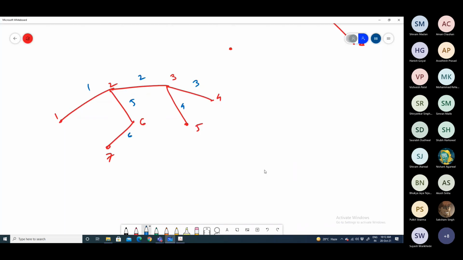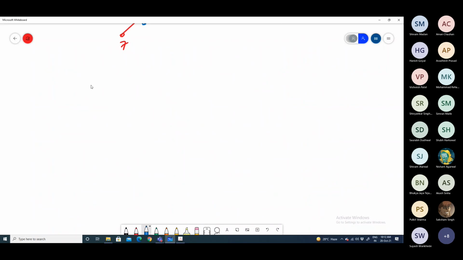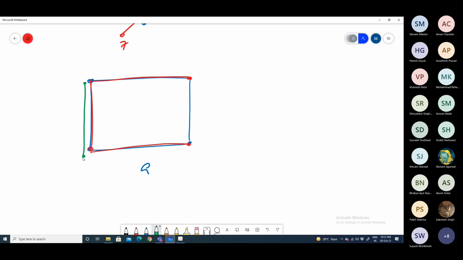For an example, again you start with this one. Now this is a graph G. There are many spanning trees here, so we can have this one. So this is a spanning tree. Now if we choose this one, this is also a spanning tree.